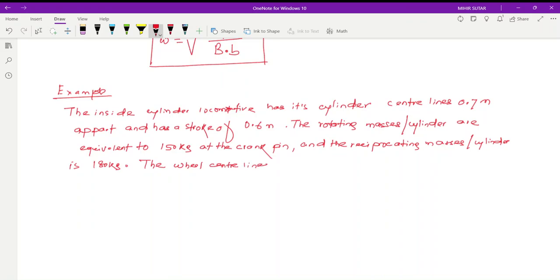1.5 meter apart. Okay, the cranks are at right angles.